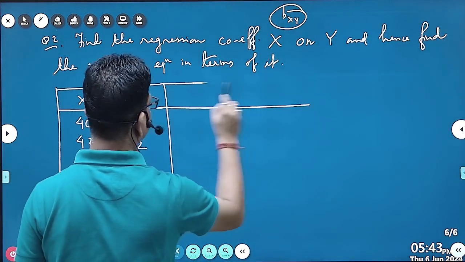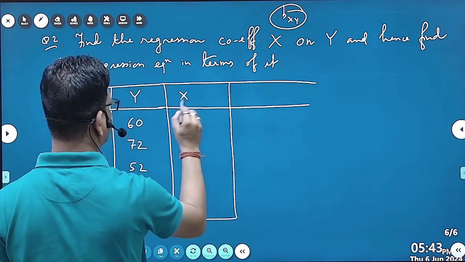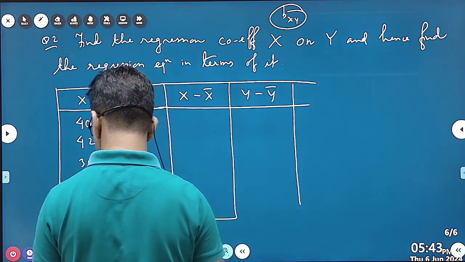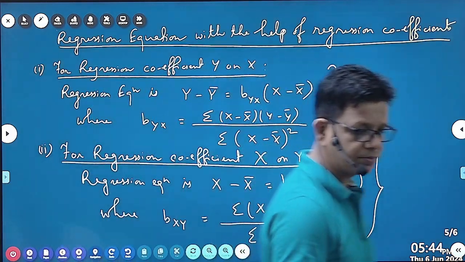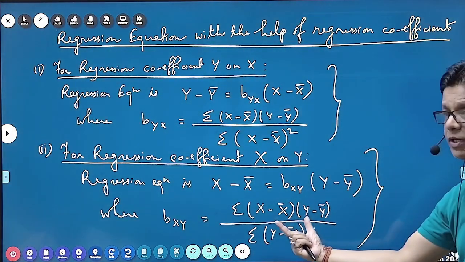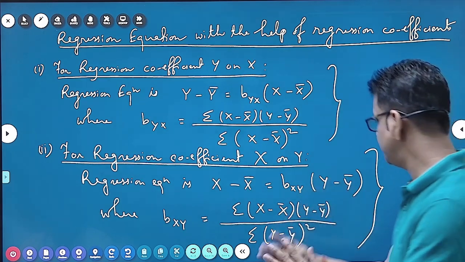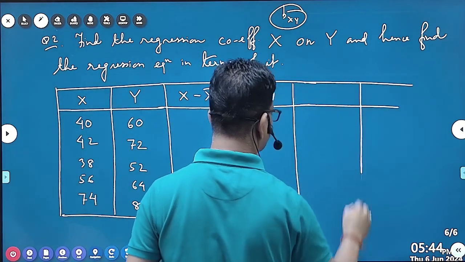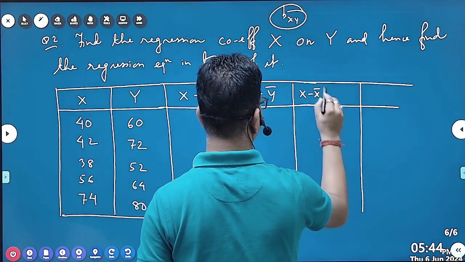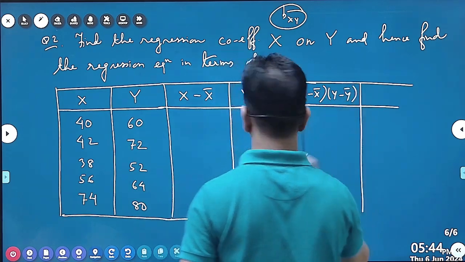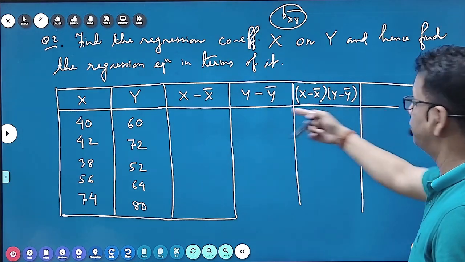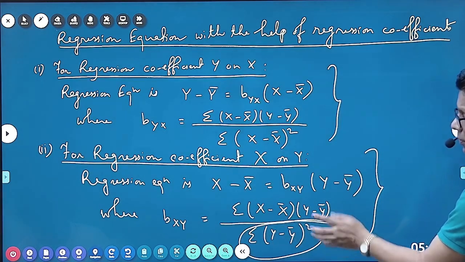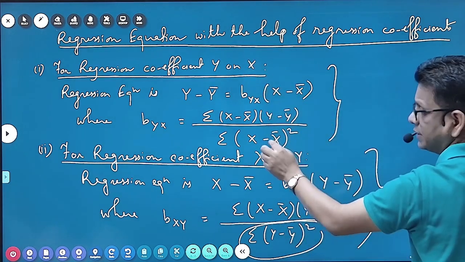Not only this, two more columns are required: their product, x minus x bar multiplied by y minus y bar. For x on y we need this whole square; when it is y on x, it is x minus x bar whole square.